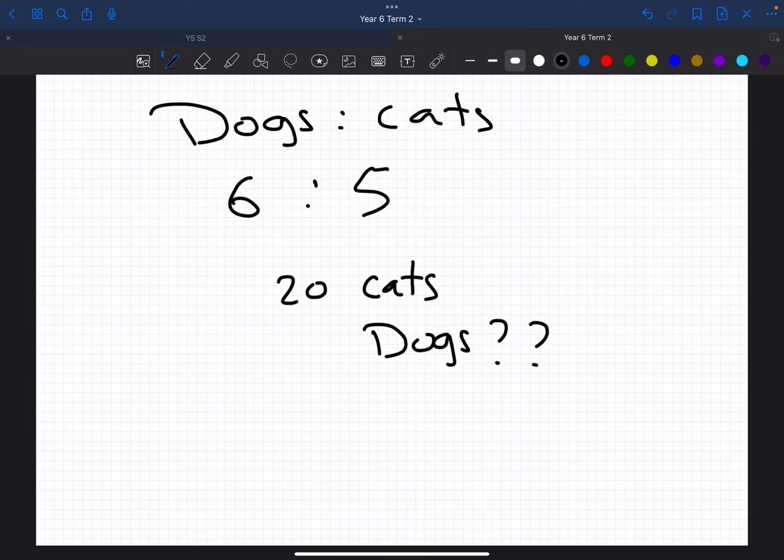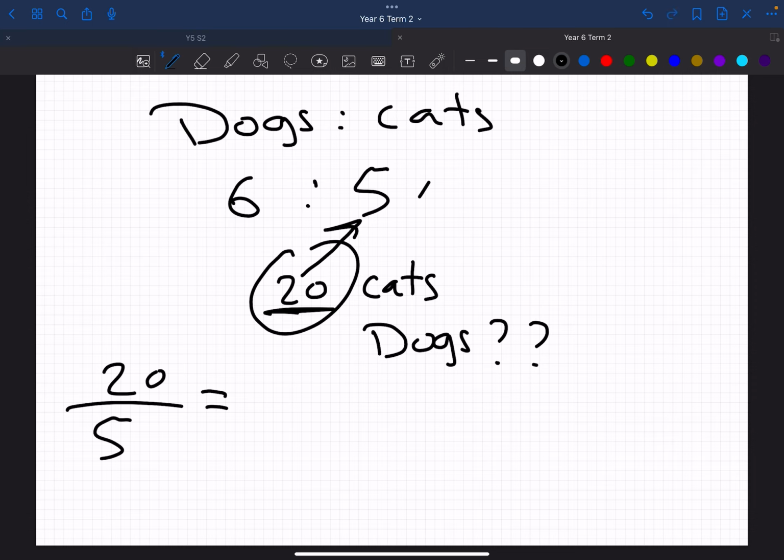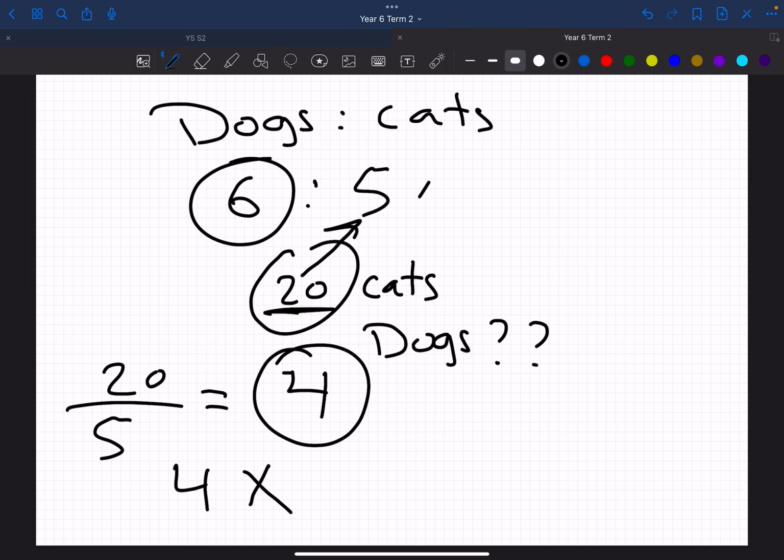What do I do? First step, I take the 20 cats and divide by 5, because this is for cats. After I divide, it will be 4. Now take 4 and multiply by 6. It will equal 24.